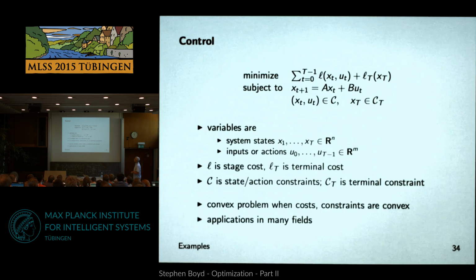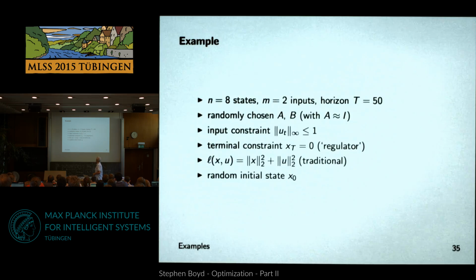You're going to run this out capital T periods or time steps. And you'll have a final state constraint, and state action constraints and so on. When these cost functions are convex and these sets are convex, that's a convex optimization problem. So this is just generically control.